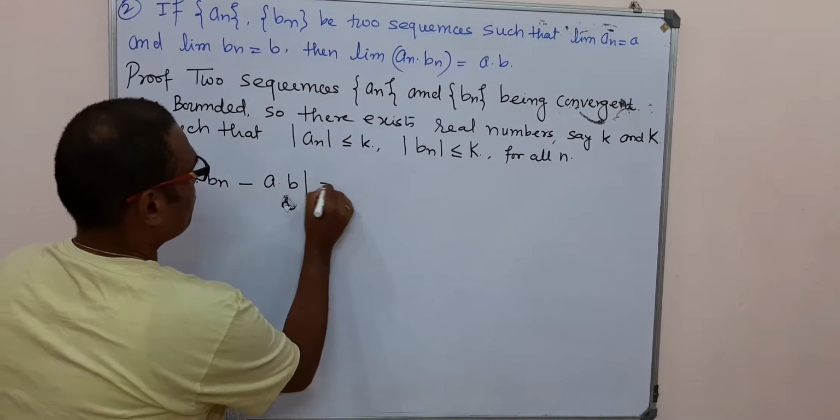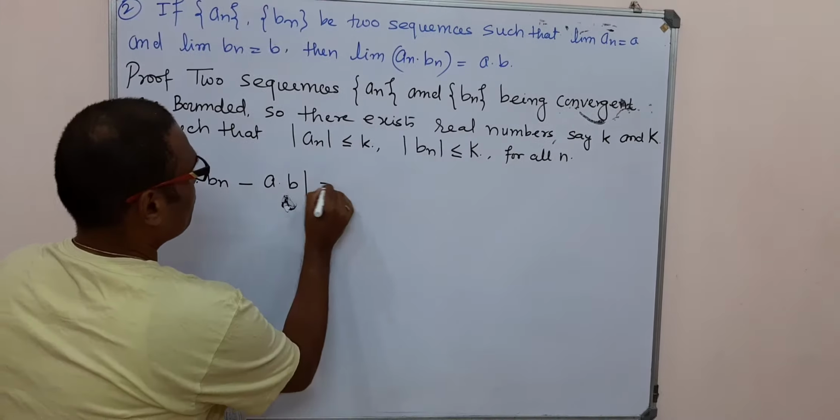For this purpose, we add and subtract this term, and we apply the triangle inequality, which is less than or equal. Before that we simplify this relation. a_n is common in the first two terms, and b is common in the last two.